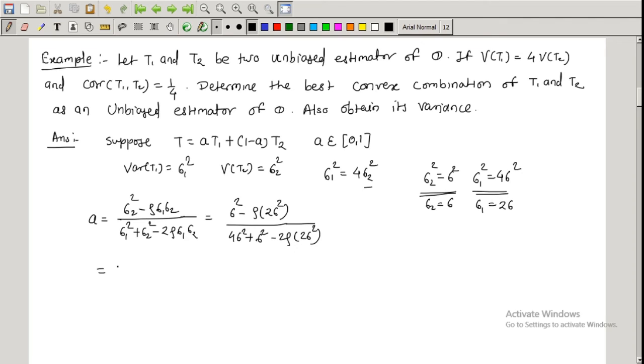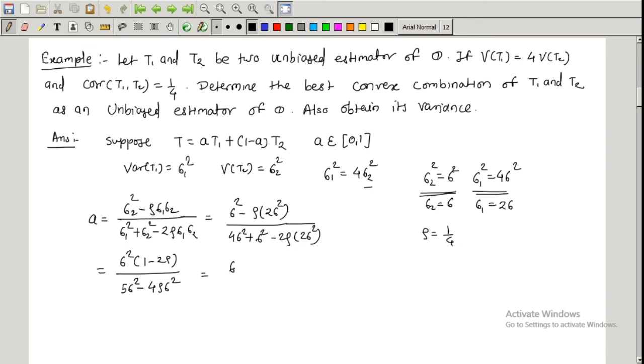which is equal to, if I take sigma square common, what is remaining? 1 minus twice rho, correct? Divided by 5 sigma square minus 2 into 2 is 4 rho sigma square. And the value of rho is given, that is 1 by 4. So I replace that value by 1 by 4.